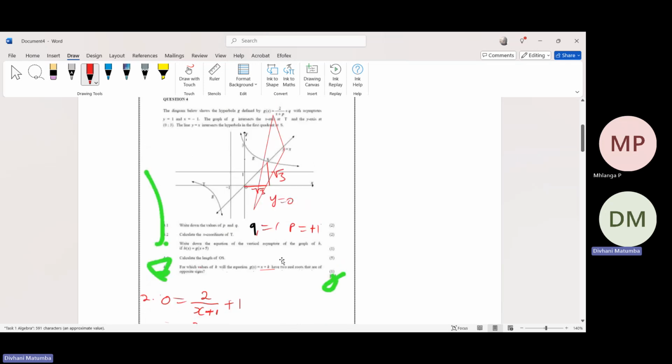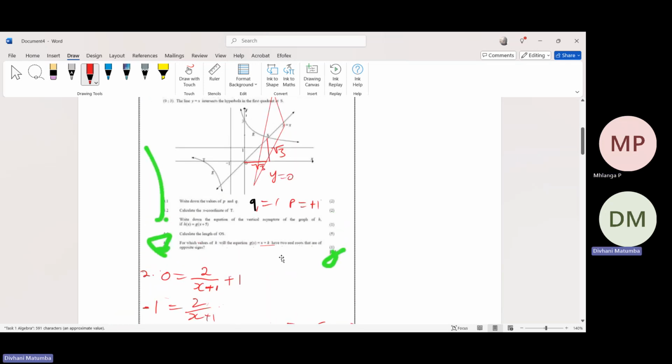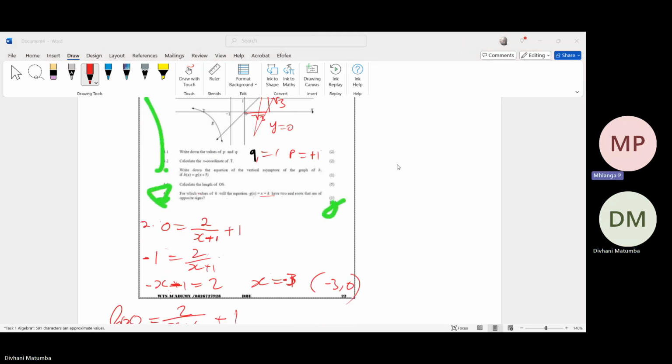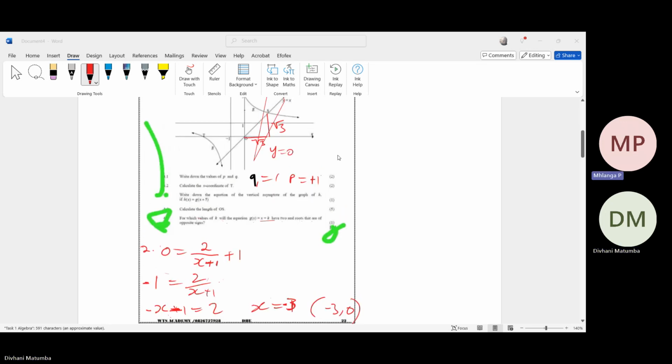You see that your g of x is a parabola? No, it's a straight line. x plus k is a straight line.